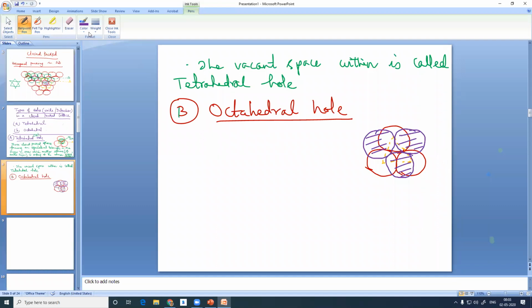This triangle's direction is this, and the other triangle's direction is this. Like this. The space within is not visible because my drawing is not good, but I will try my best to make it visible to you.